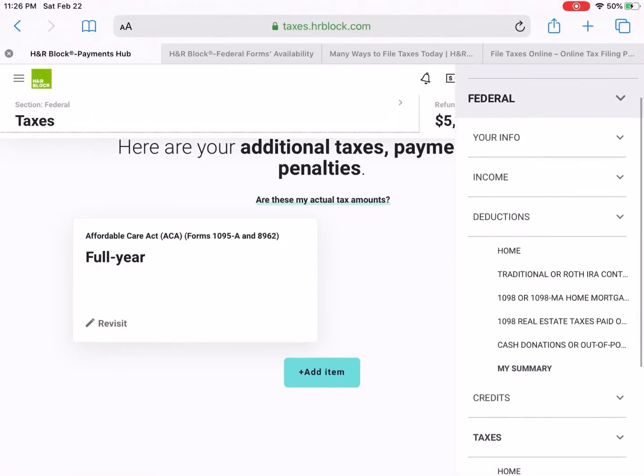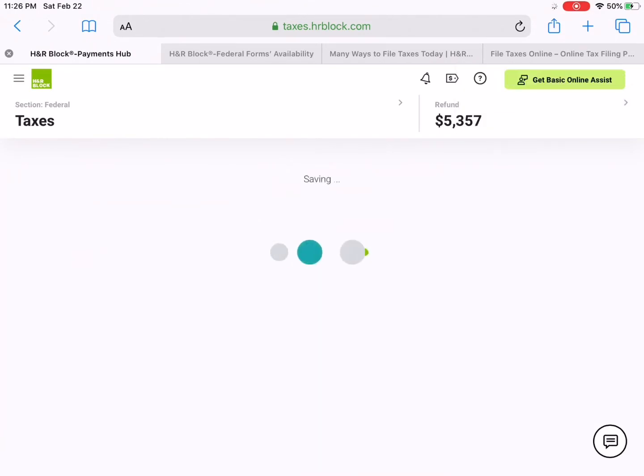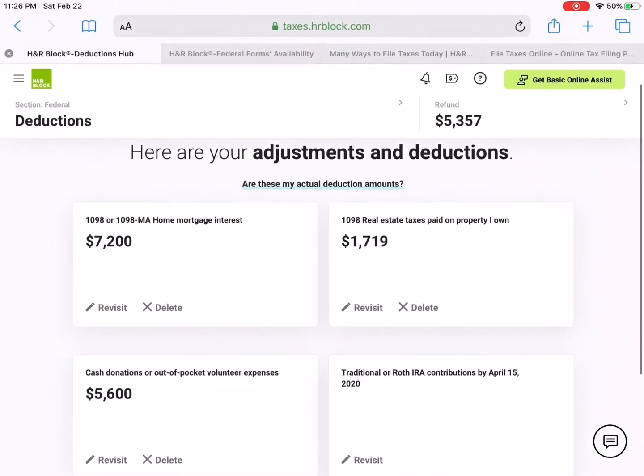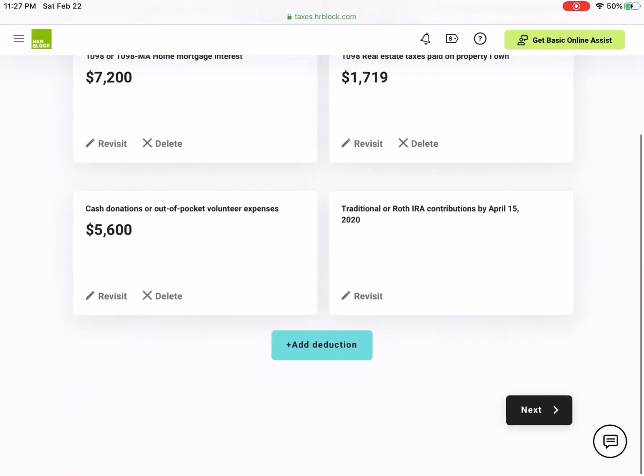You'll notice here in the deductions, I'll go to the home screen for deductions. Home mortgage interest, real estate taxes, cash donations. What these are, itemized deductions, and itemized is not available in H&R Block Online free. If you want the free version of H&R Block, then you're not going to itemize. And so you'll notice even though I have things input here, they're still just giving me the standard deduction.